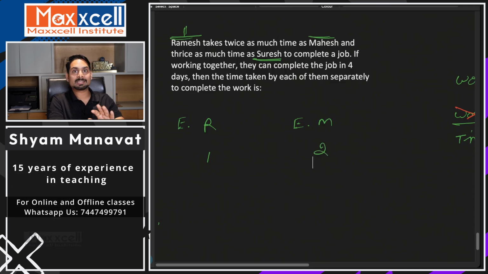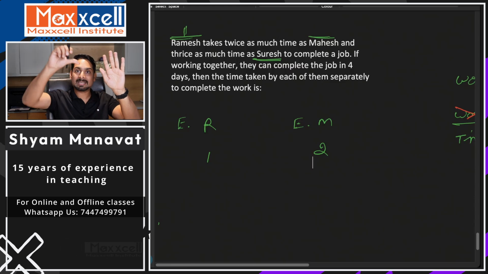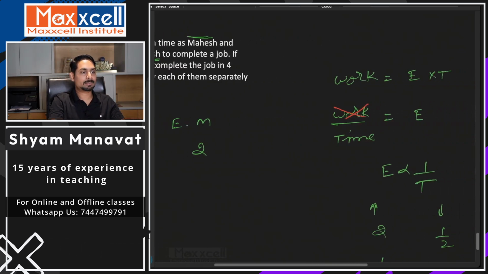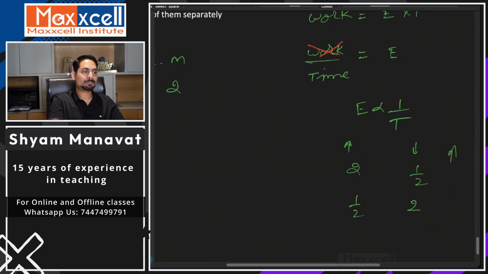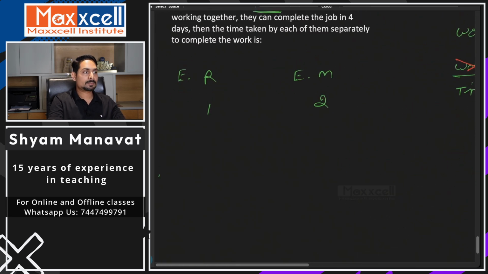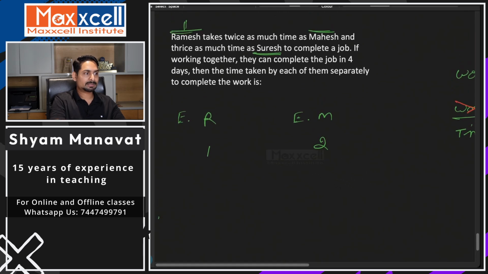The one who is taking more time should be less efficient, inversely proportional. So if I assume Ramesh's efficiency to be 1, Ramesh is taking twice the time.